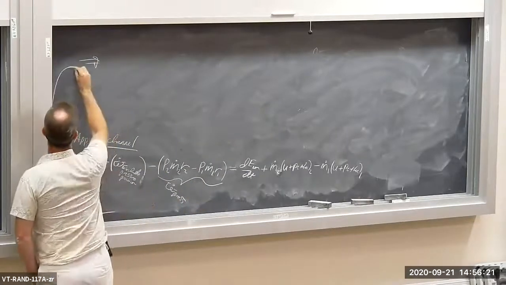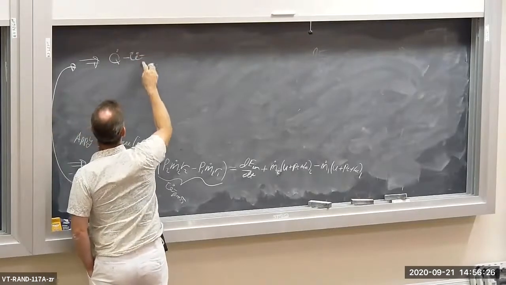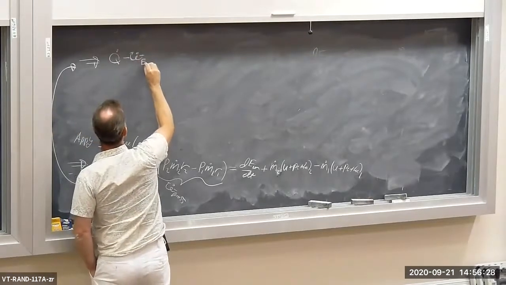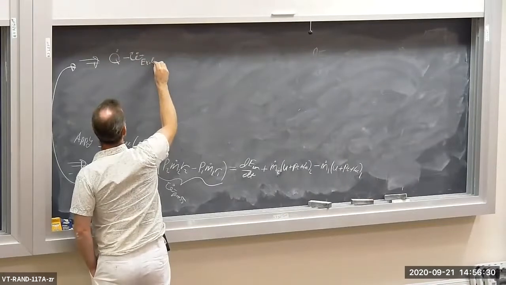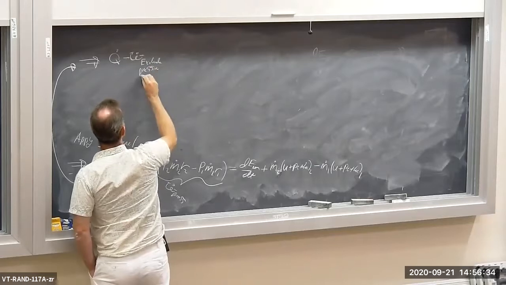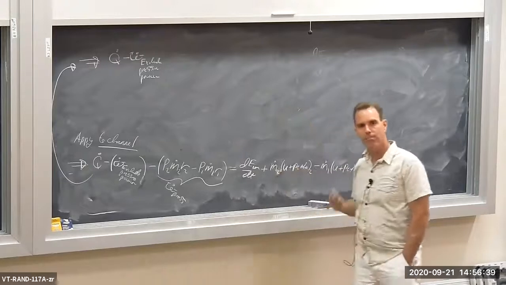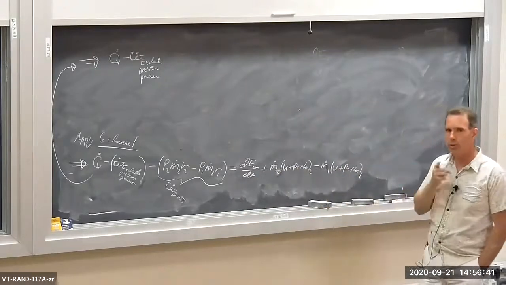Q dot minus W dot, and this W dot excludes pressure power. In other words, it's boundary plus shaft plus electric, all the stuff we're used to for a closed system.